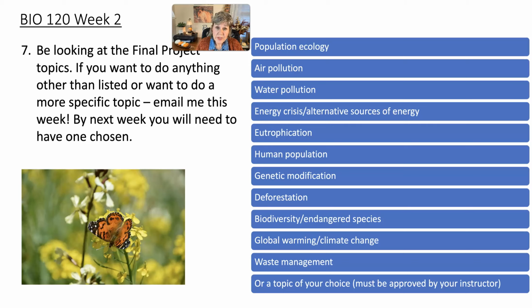Global warming, climate change, everybody's heard of these. What's the cause of this? Usually and mostly burning fossil fuels. So you can take a look at that. Waste management and how we don't do a very good job with this. Yeah, we make so much waste and so much plastic waste.